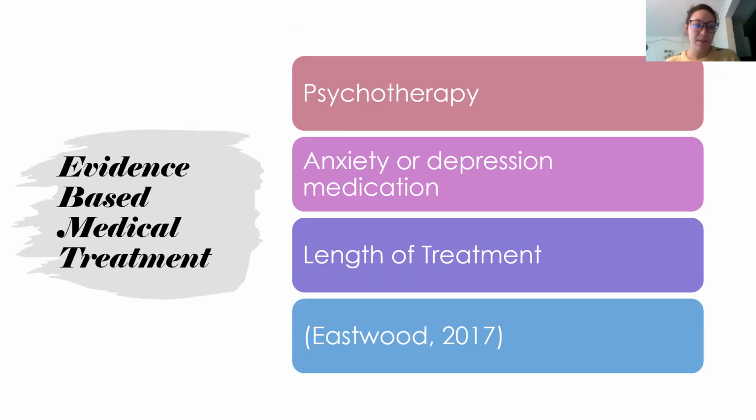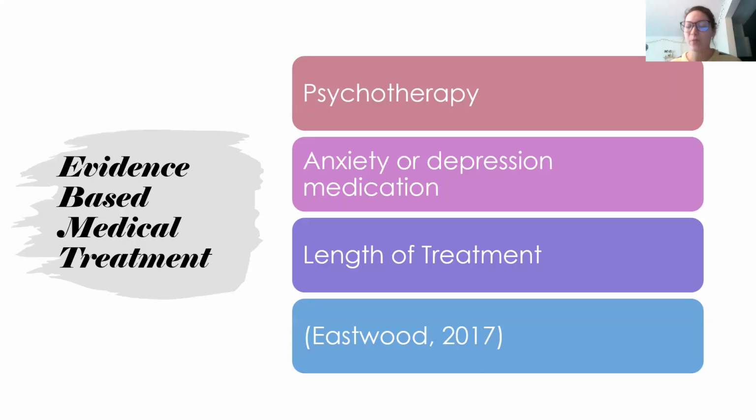The evidence-based medical treatment for Munchausen syndrome is psychotherapy and anxiety or depression medication. As I touched on earlier, they have to have anxiety or mood disorder diagnostic criteria met in order to have the prescription for these meds.